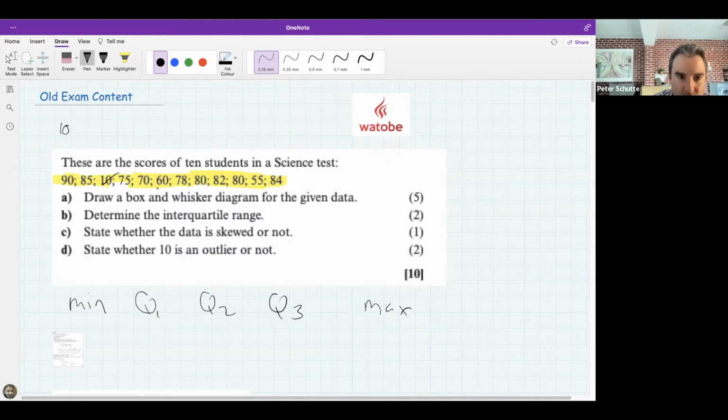So let's just make sure everybody has the right order. This data set has to be arranged from smallest to biggest. So 10, and then I think I've got 55. So take a moment to arrange the data from smallest to biggest. What have we got? 60, we've got 70. 78. Oh, no, I've gone too far.